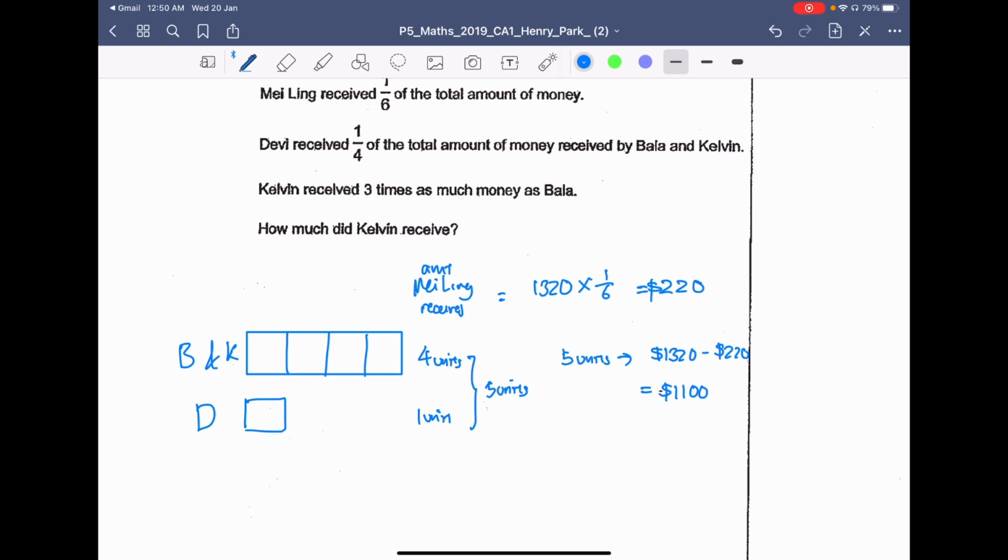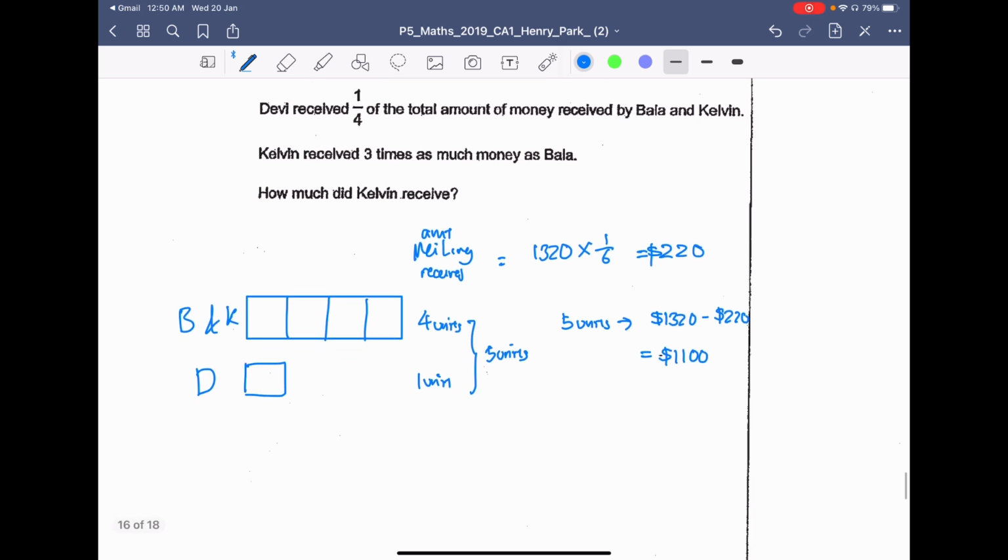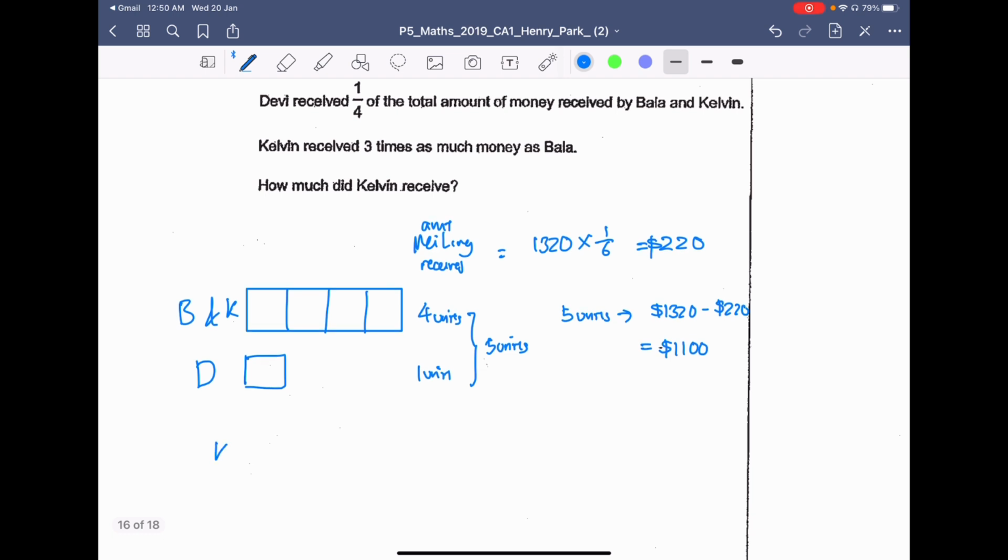So the fourth line, Kelvin received 3 times as much money as Bala. So we will basically ignore the fourth line first and find out what is 1 unit of B, K, and D. 1 unit is basically 1100 divided by 5, which is also $220.